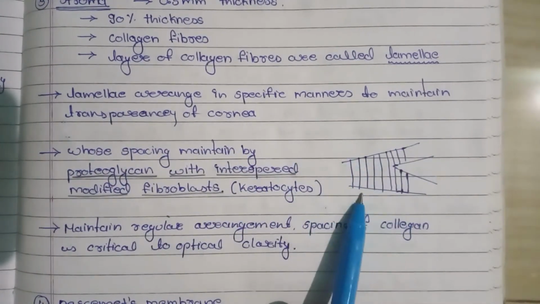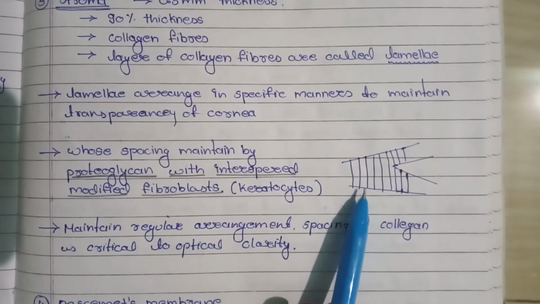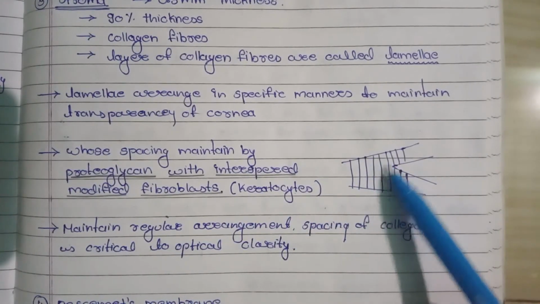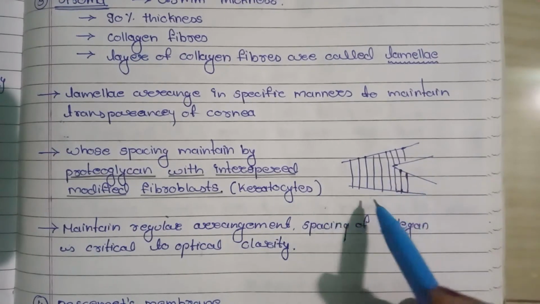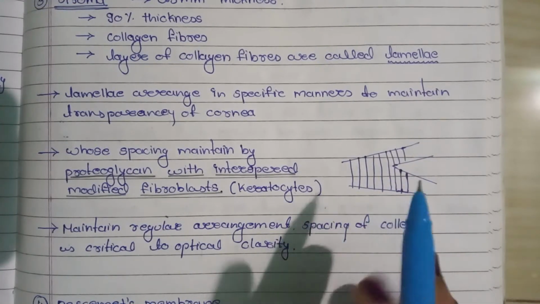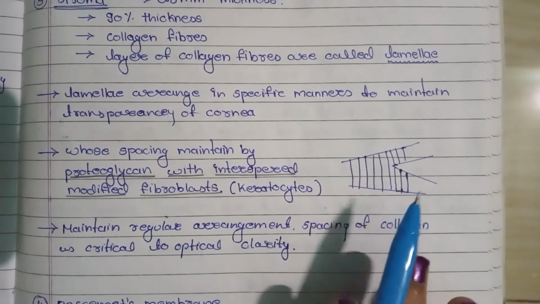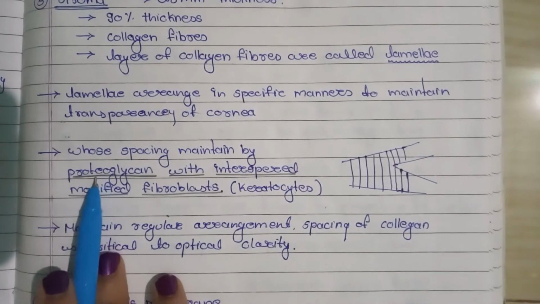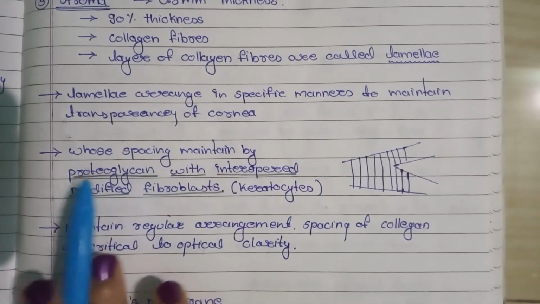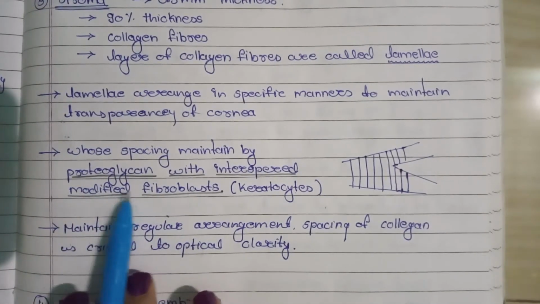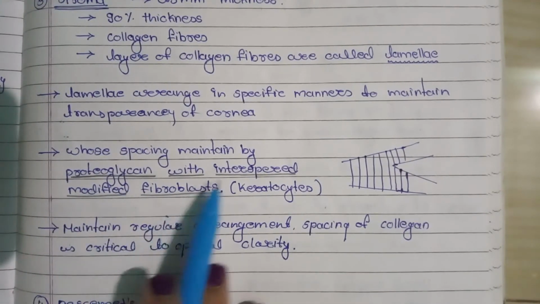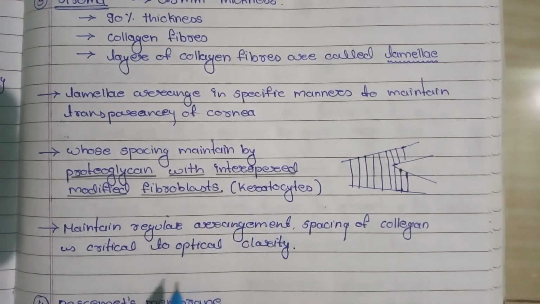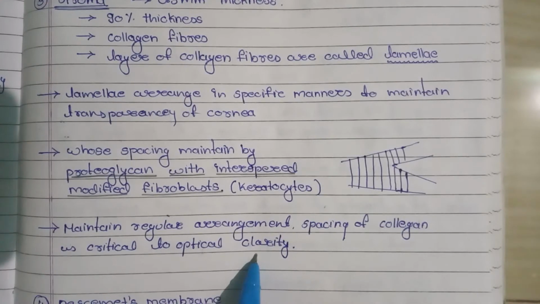Here I have drawn the diagram to show you how the lamella is arranged. In the lamella, the space is maintained by the proteoglycans. In between the proteoglycans, there is the presence of fibroblasts and keratocytes which maintain the optical clarity.